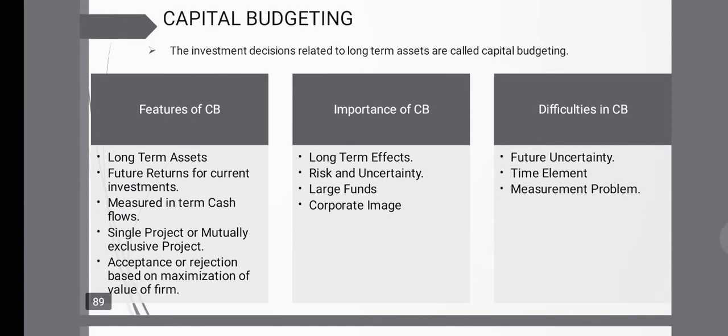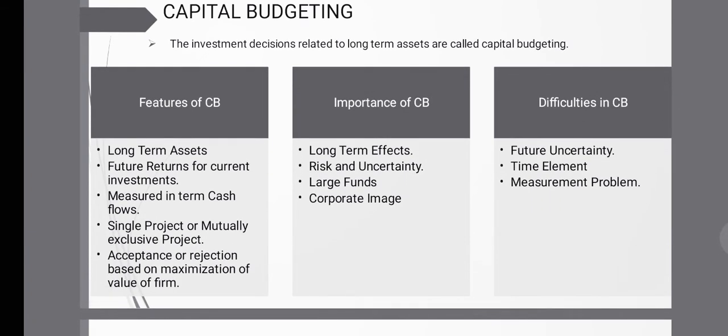Now, what is capital budgeting? Investment decisions related to long-term assets are called capital budgeting. Capital means long-term sources of finance, and budgeting is when you make future plans in terms of finances. So capital budgeting is planning in financial terms for the capital which you have acquired.